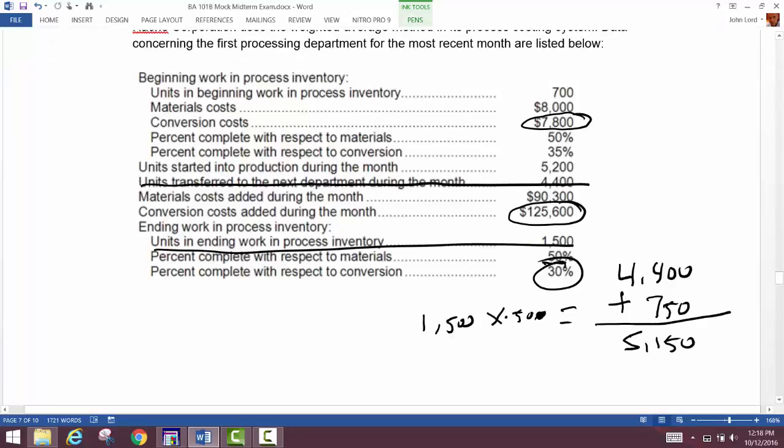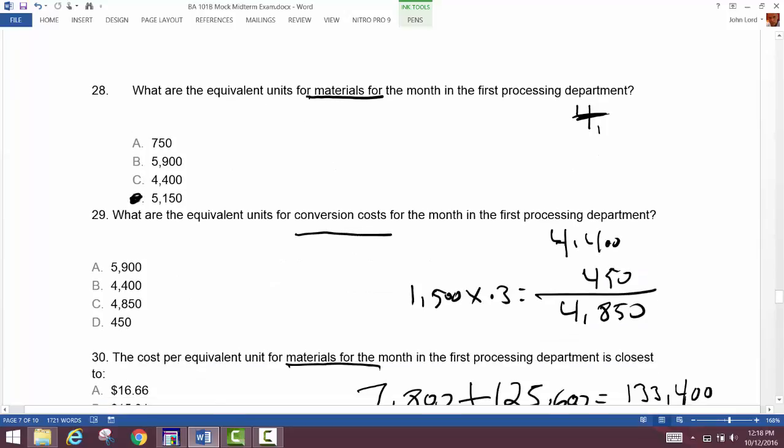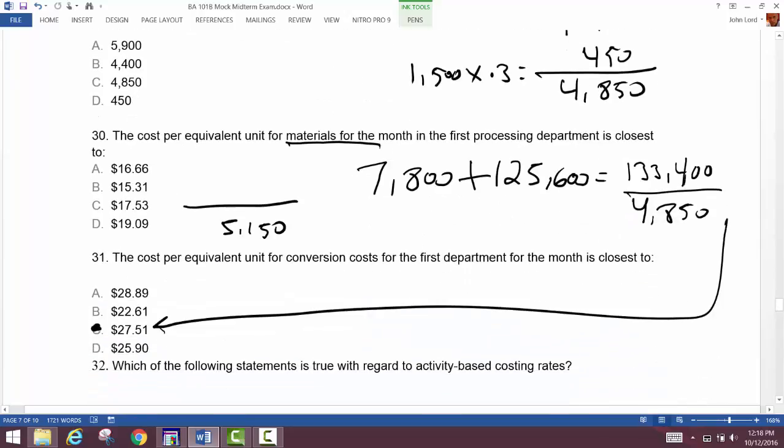If I can do this without driving the computer crazy. 8,000 and what? 90,300? So what's that? 98,300? Divided by 98,300. What's that give me? 1909?